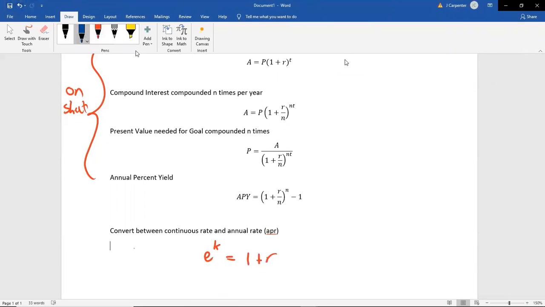But again, the idea here was that this is one growth factor, this is another growth factor. We're just setting 2 growth factors equal to each other. That's all this is. This is just setting one growth factor equal to another factor.